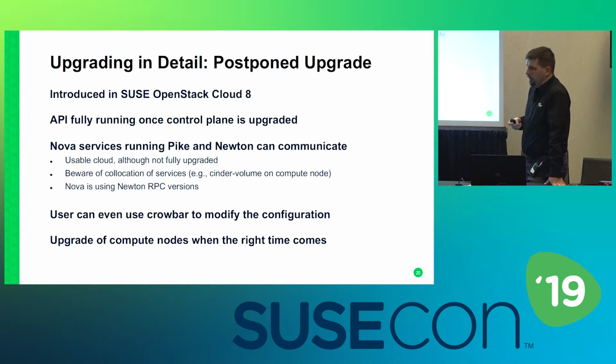There's basically a check in the Rails application that when the upgrade is running, users should not use Crowbar for any kind of reconfiguration. But if you say I'm done with the control plane and compute nodes could be postponed for later, that's the time when Crowbar allows it. And then when the user decides it's time to upgrade the rest, they just issue another command that tells it to resume the upgrade, and the rest could be upgraded.